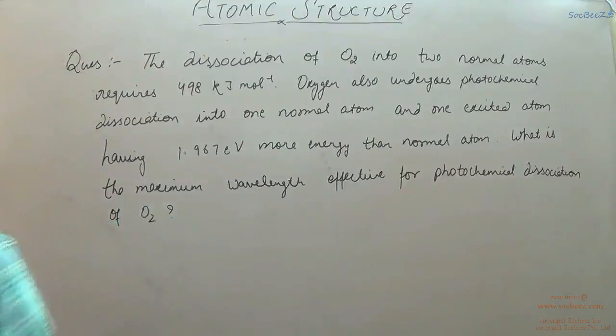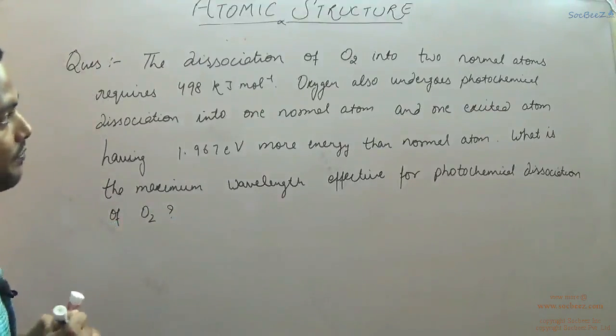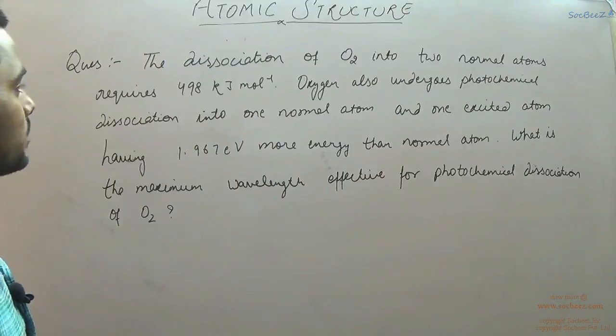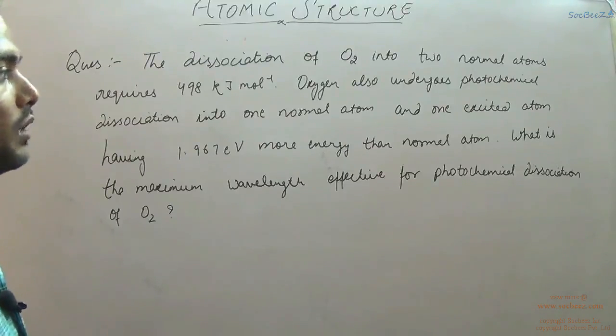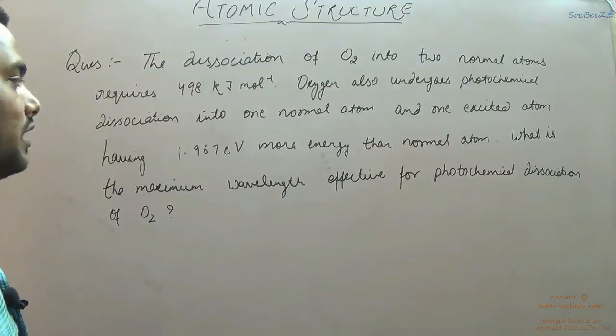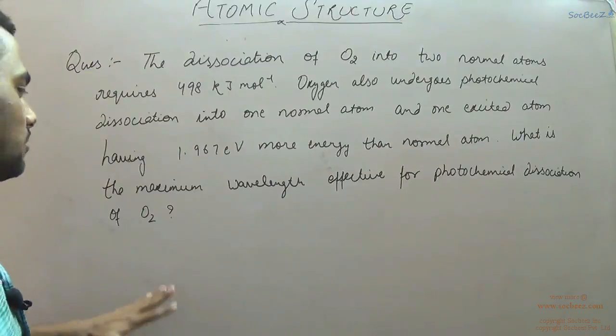So this is the question that is asked here. The dissociation of O2 into two normal atoms requires 498 kilojoule per mole. Oxygen also undergoes photochemical dissociation into one normal atom and one excited atom having 1.967 electron volt more energy than normal atom. What is the maximum wavelength effective for photochemical dissociation of O2?